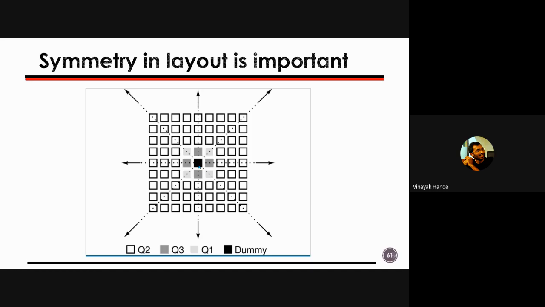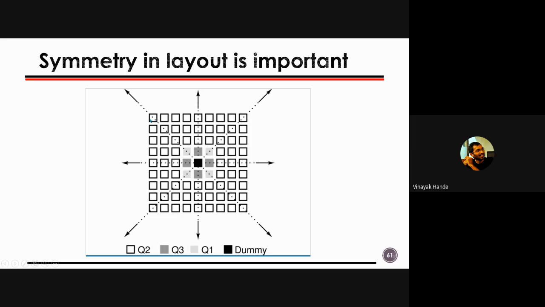I don't know how to explain this, but generally why dummy is put is that if I'm fabricating the transistors, both transistors should see a similar kind of environment while doing the fabrication, right? Suppose I give an example.